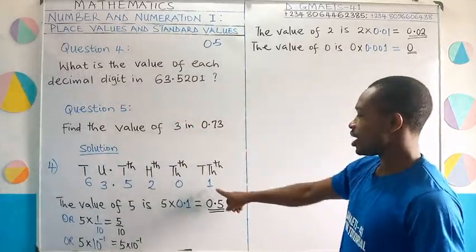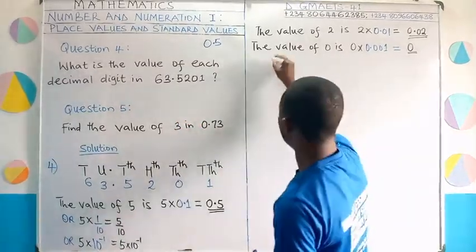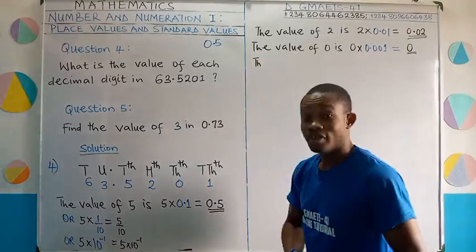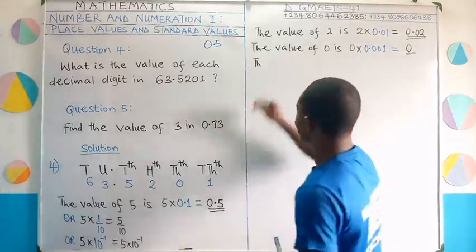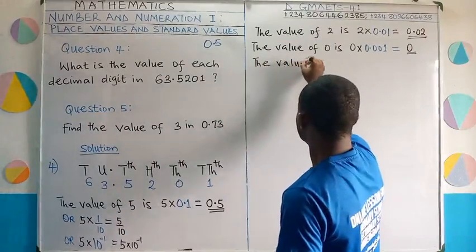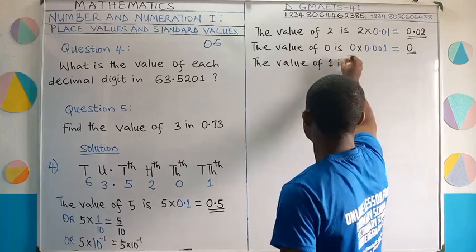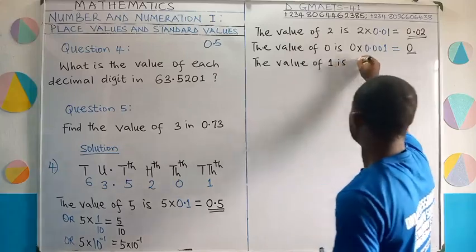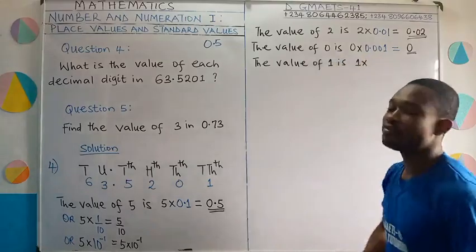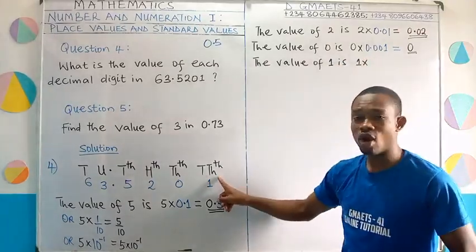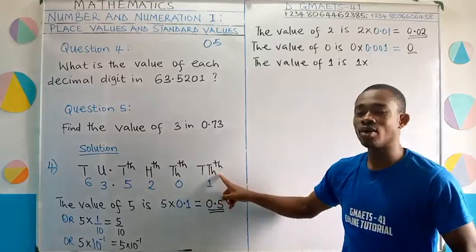Let us move on to the last digit there, the place value of 1. The value of 1 rather. The value of 1 is, now we are going to do 1 times the standard value of the place value of 1. The place value of 1 is 10,000.